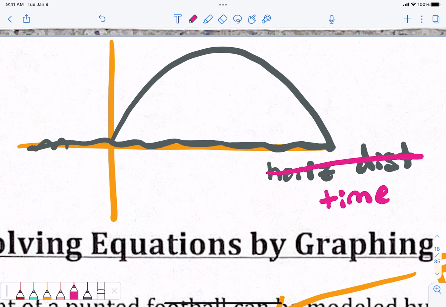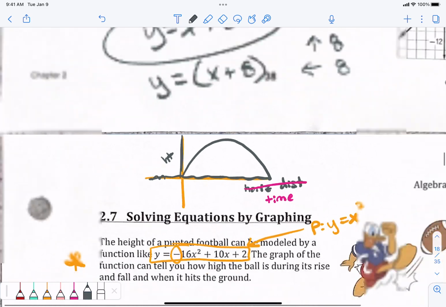So we're not even taking horizontal distance into consideration, we're just doing time. This y-axis does, however, represent the height of the ball. So it's height of the ball with respect to time, not height of the ball with respect to horizontal distance. Make sense? So you can't have negative time. You are true that it could go back negative if we were doing horizontal distance. So good point.